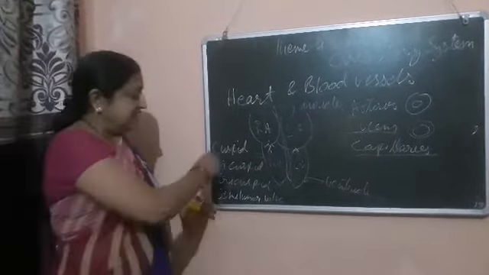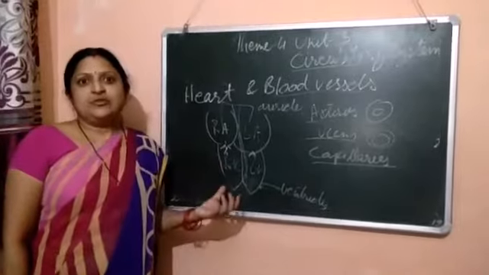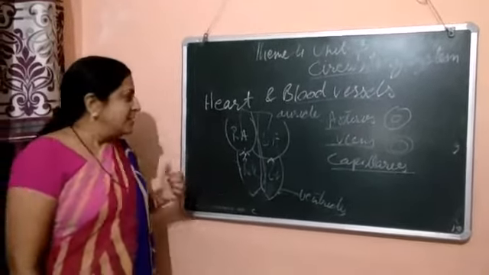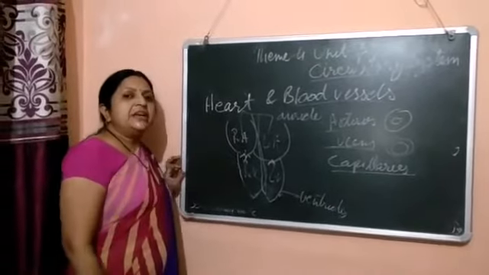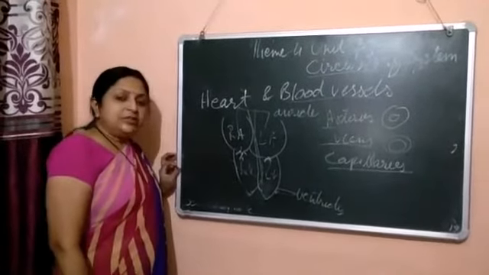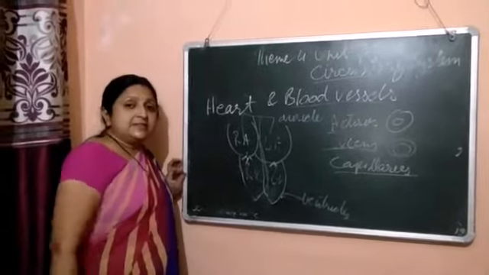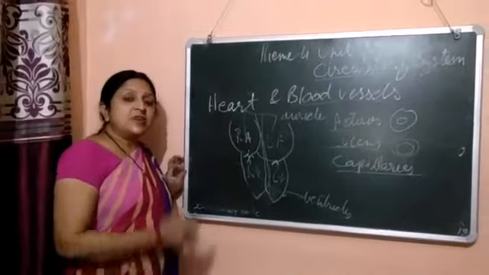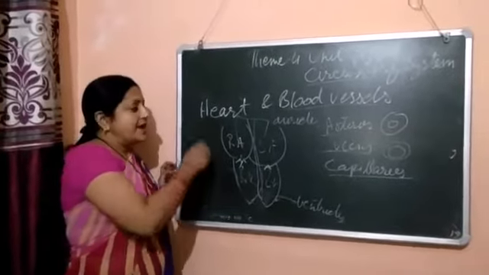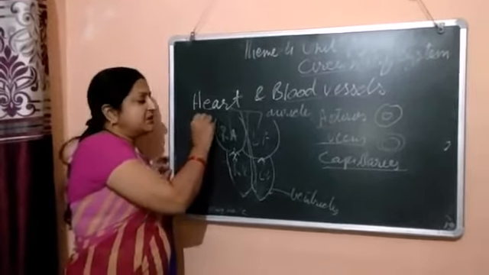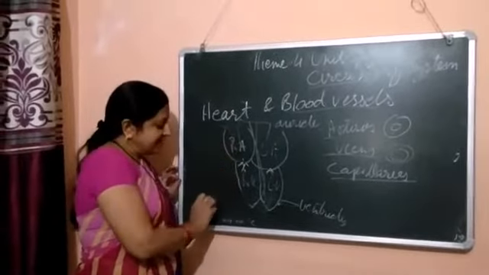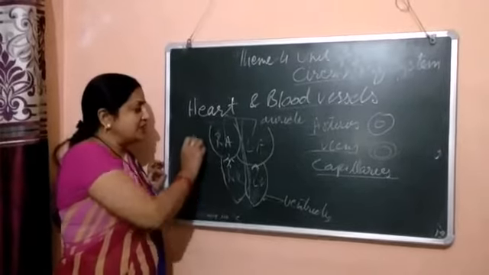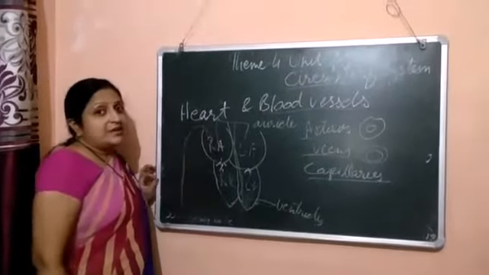Now I will explain which vessels enter the heart and which vessels leave the heart. First are the superior and inferior vena cava. These two vessels enter the heart. Superior vena cava collects the blood from upper parts of the body and pours it into the right auricle. At the same time, inferior vena cava collects the blood from lower parts of the body and pours it into the right auricle.